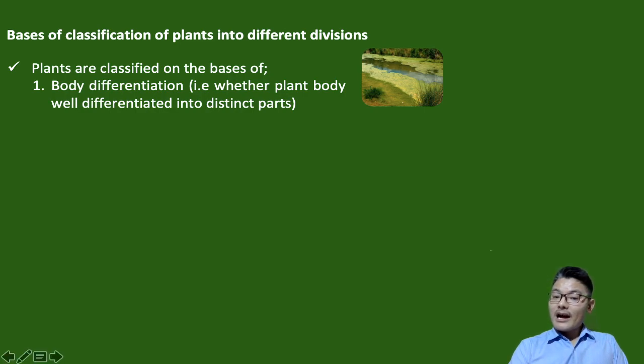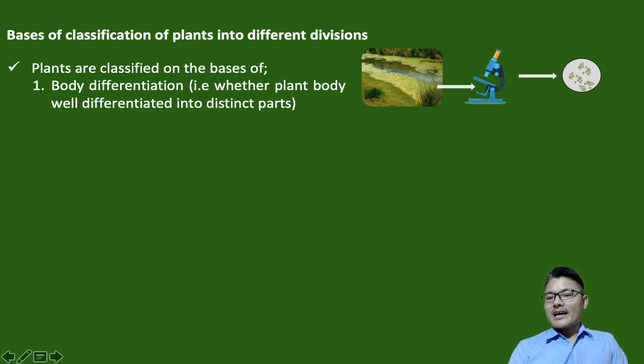So algae, as you can see here in this river stream, there is algal bloom, and if you take a drop of this river water and observe under microscope, then you may observe tiny microscopic structures, and these are algae.